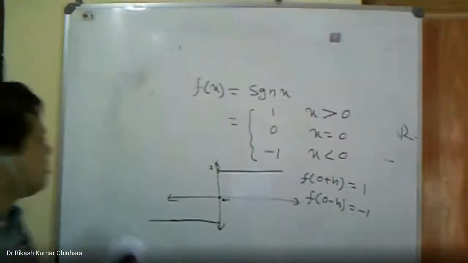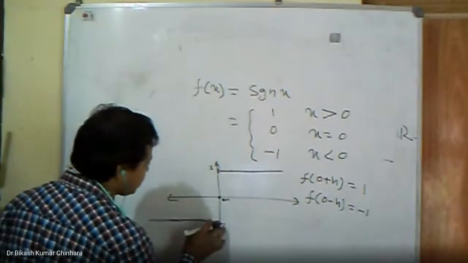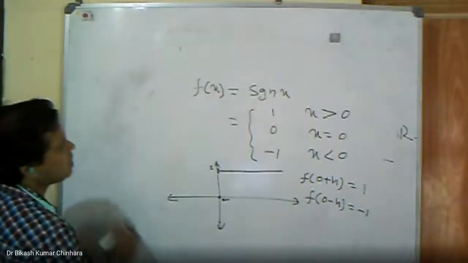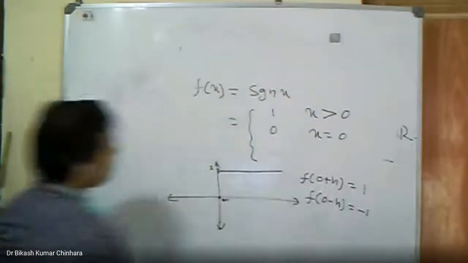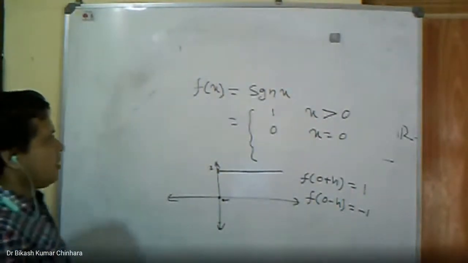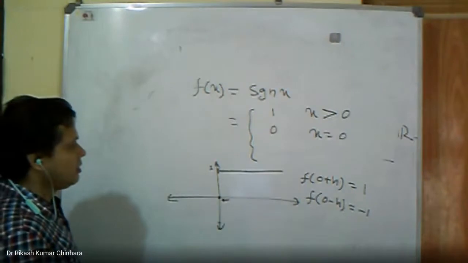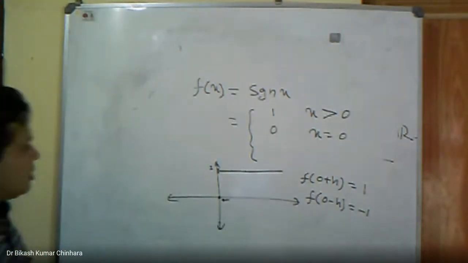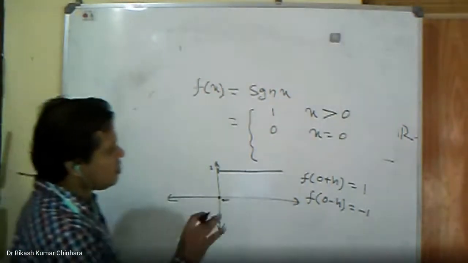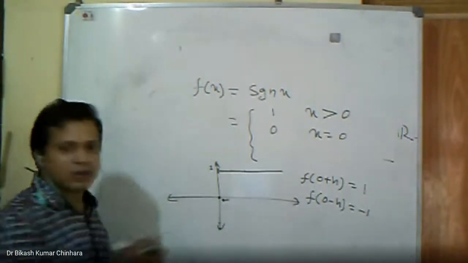Suppose I am defining it like this. Suppose I am avoiding this section. Suppose this is the case. So here what can I write? Here there is no question of LHL.